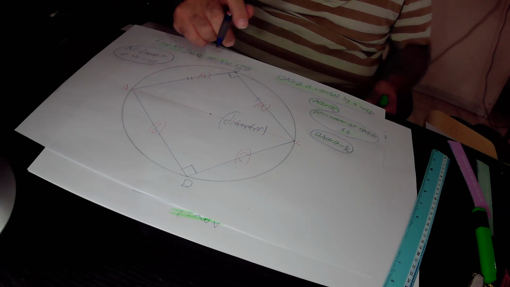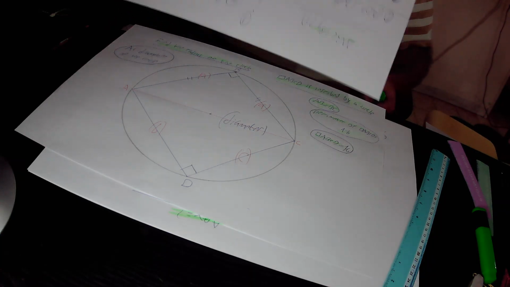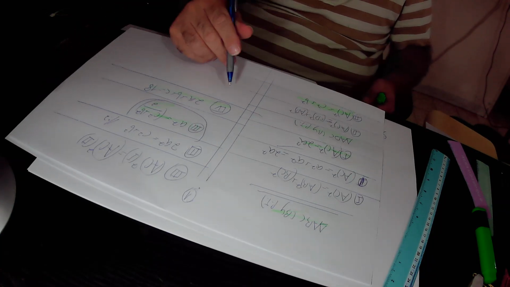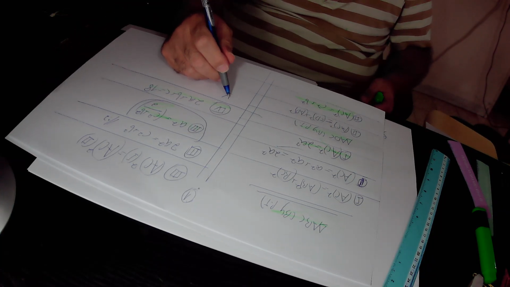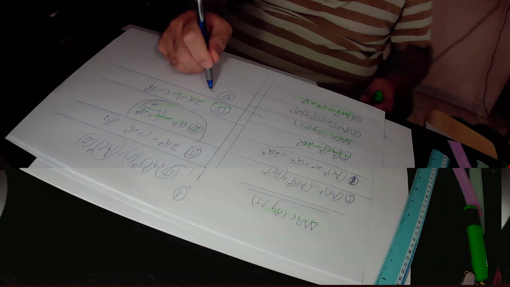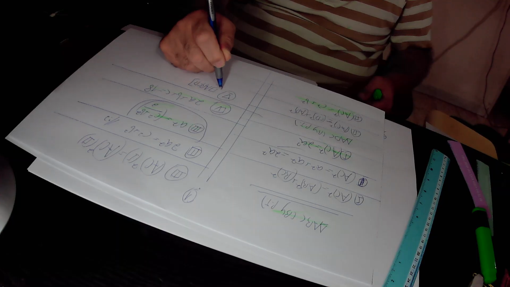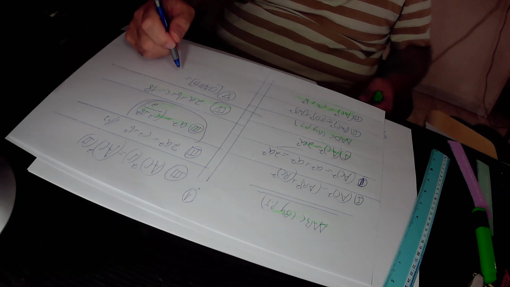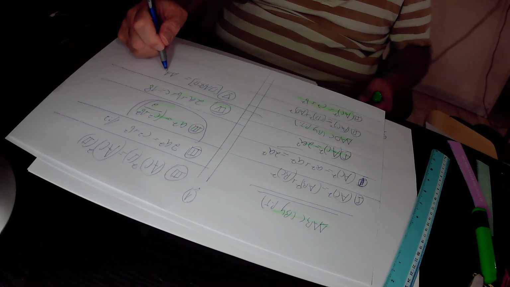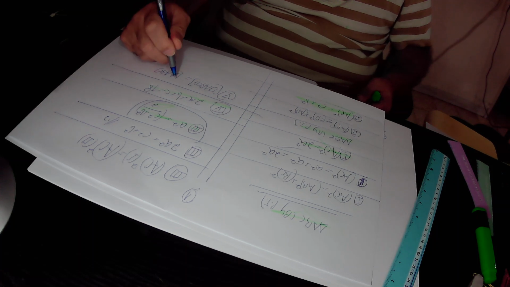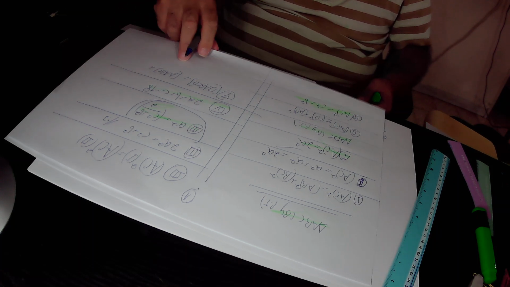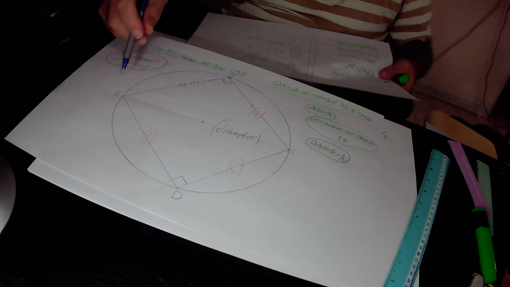So the area of quadrangle ABCD in total is equal to the area of triangle ABC plus the area of this right triangle ADC.